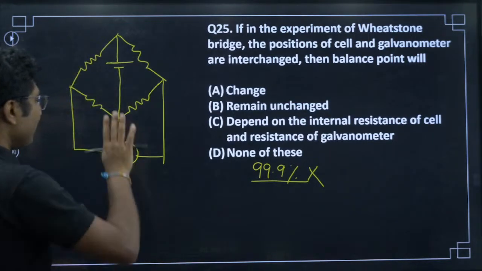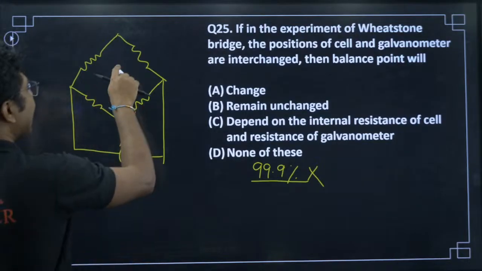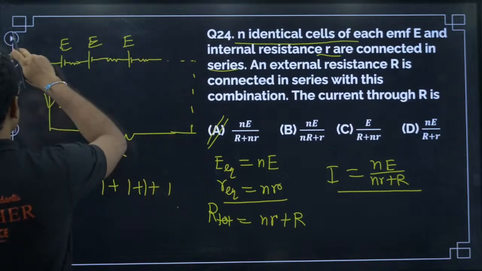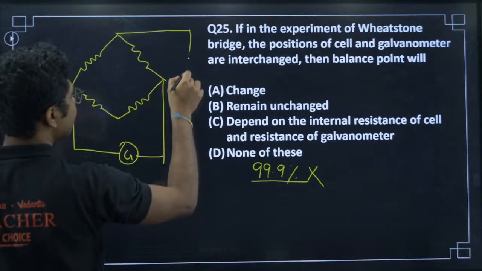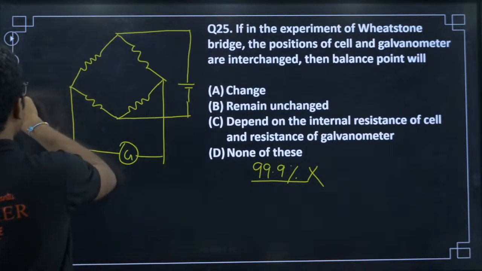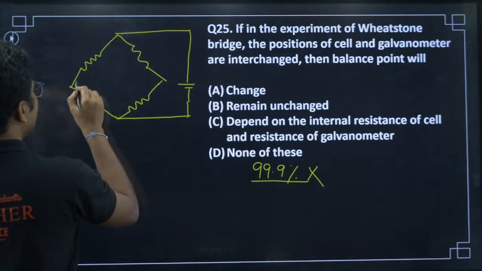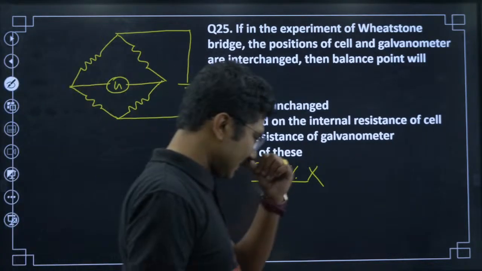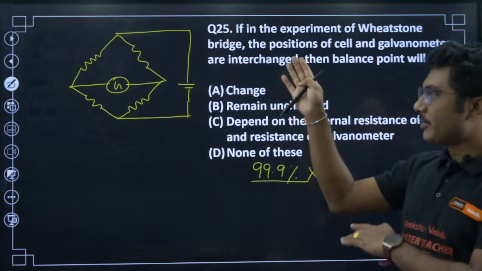Now let me redraw this. This is the circuit. I can draw this cell like this, and I can draw this galvanometer like this. The only thing changed is that the galvanometer is rotated.